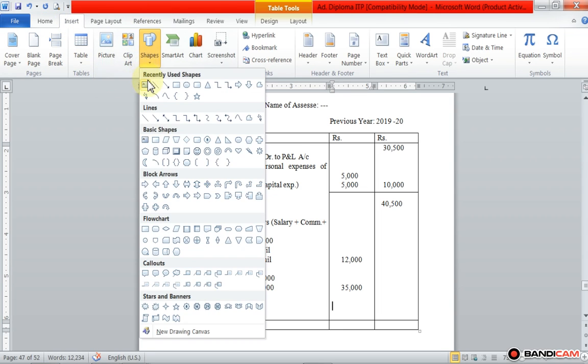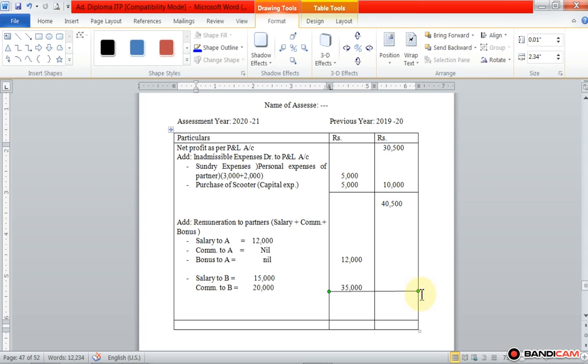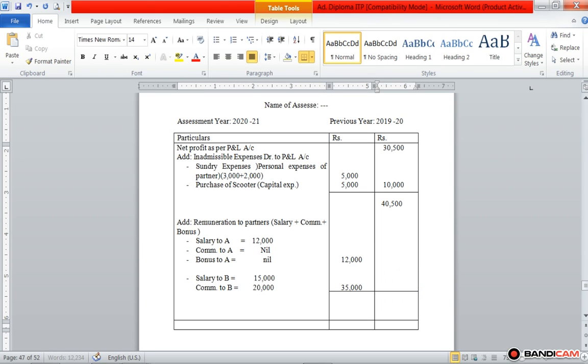So here the total is equal to 47,000. Okay, 47,000 is the remuneration.